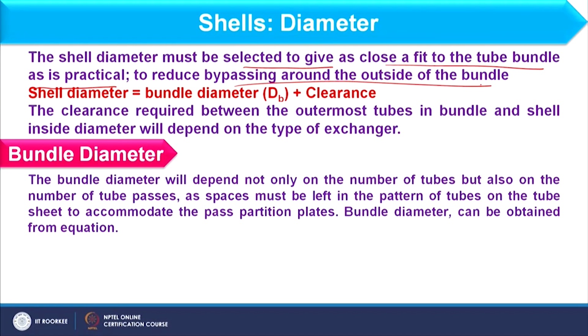Okay. You see, bundle diameter we are calculating to calculate the shell diameter. So I am just focusing on shell diameter, but it will depend on the partition plate which we are making or which is available in tube side, not in shell side. Okay. So on all these parameters the bundle diameter depends.